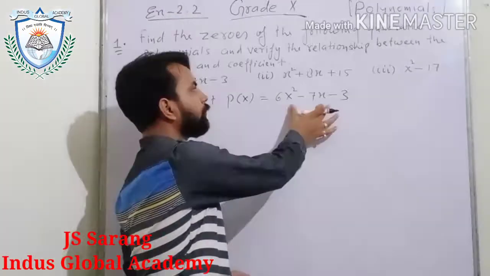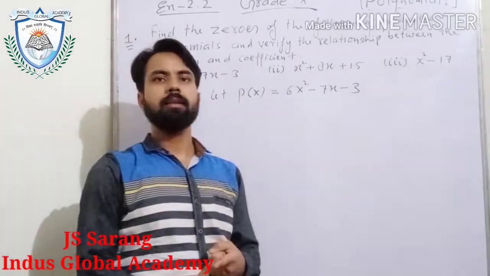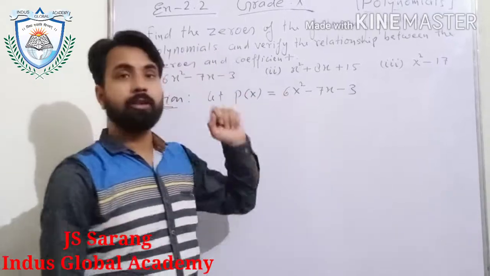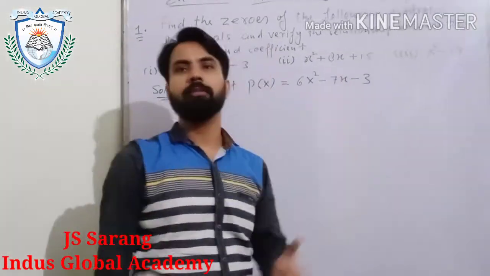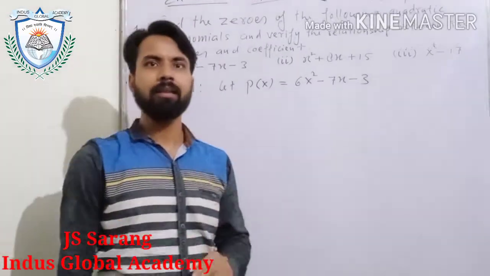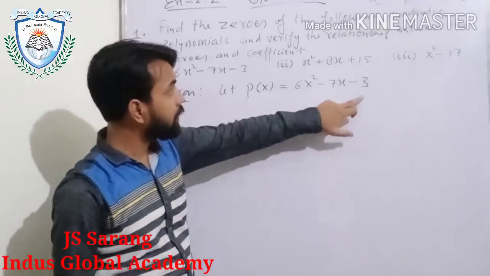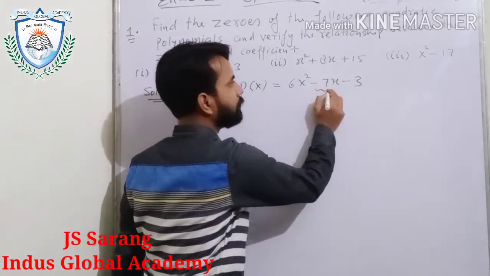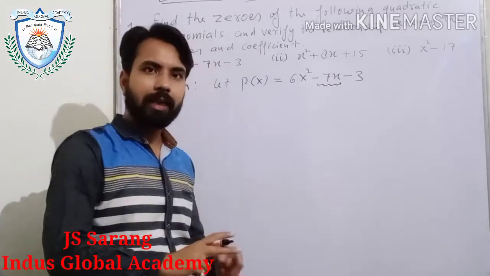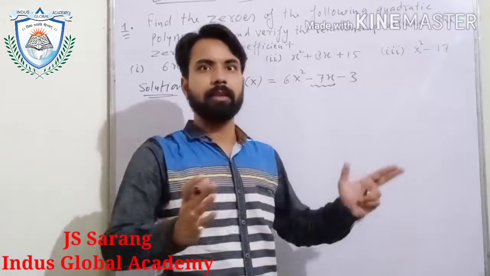So how can we find the zeros of this polynomial? We will factorize this polynomial, and the method for factorizing a quadratic polynomial is known as splitting the middle term. What is the middle term here? That is minus 7x. So the name of the method is splitting the middle term, meaning we will split the middle term.